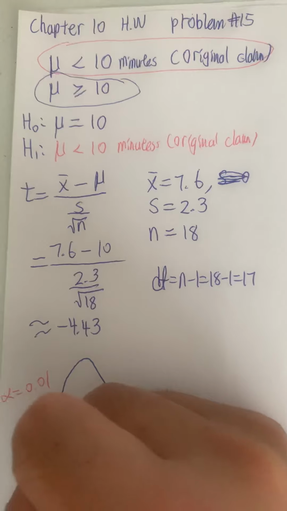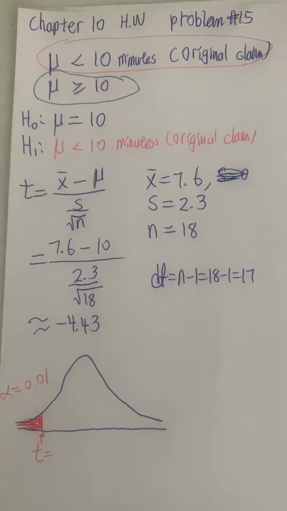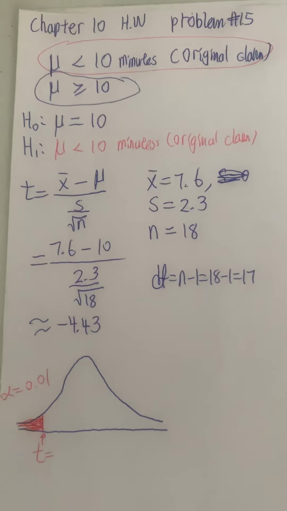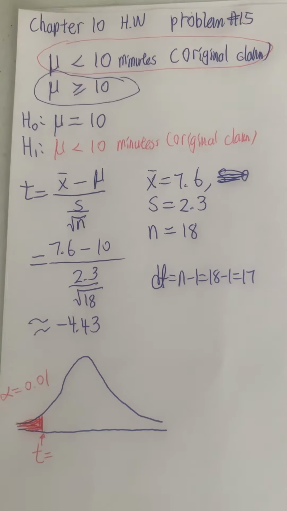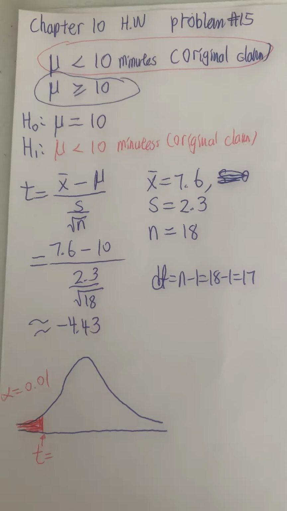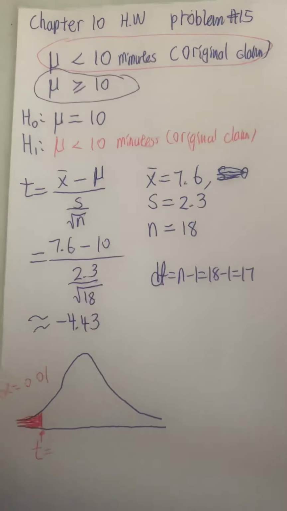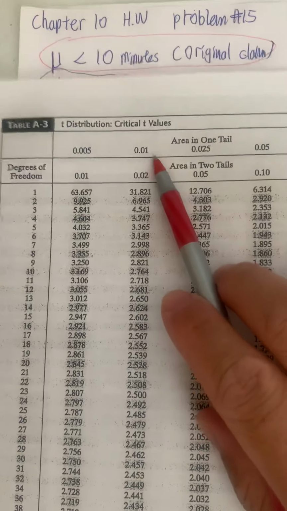Alpha is 0.01. So here is your critical value. You look at the table for the t distribution. This one is one tail, so one tail 0.01, and the degrees of freedom is 17.